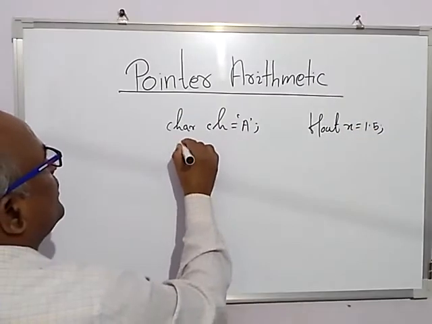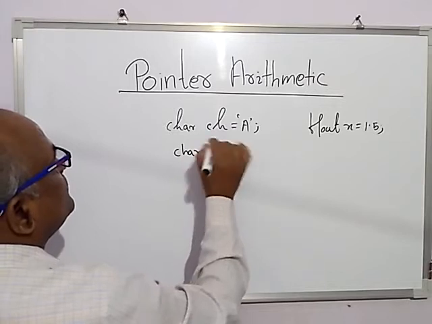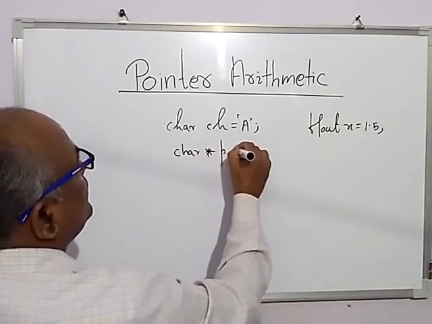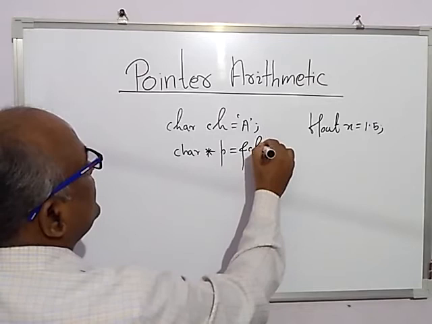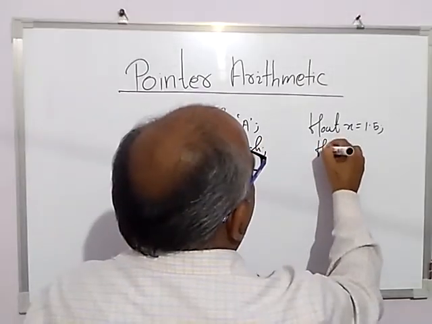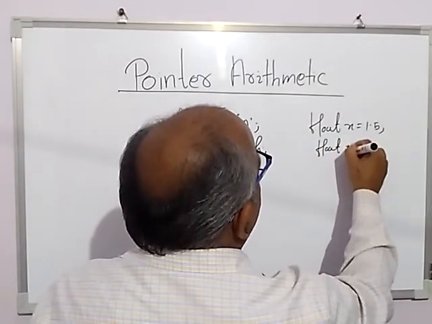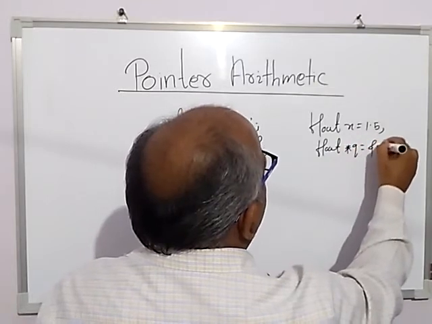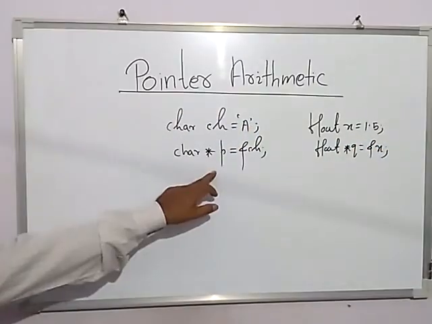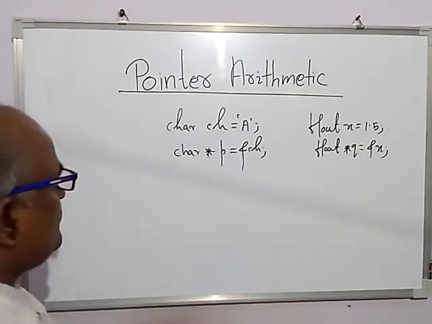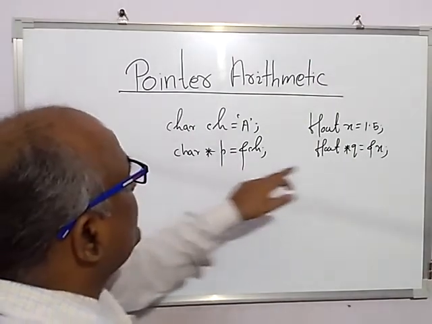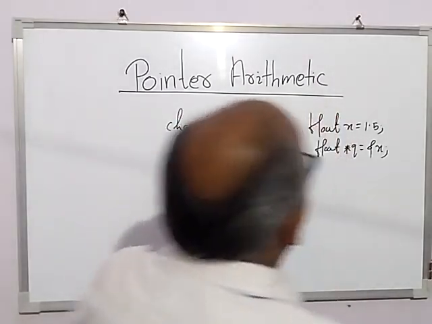Here you take a pointer char *p = &ch. Here float *q = &x. Now p is a character type pointer. Here q is a float type pointer.